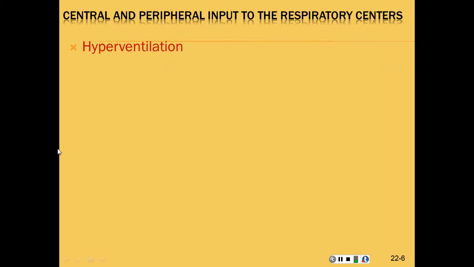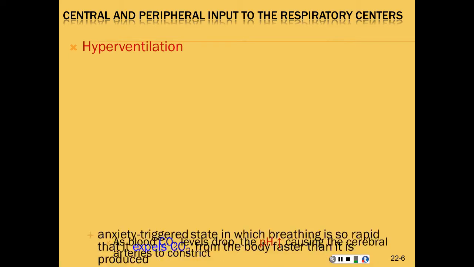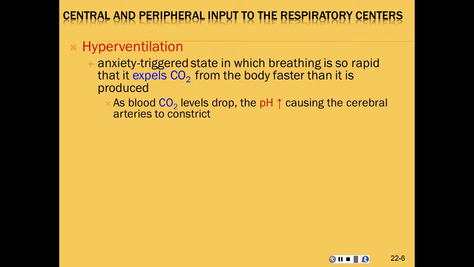Alright, so let's look at hyperventilation. What's hyperventilation? Extreme anxiety is one example that can produce hyperventilation, that can lead to dizziness or fainting as CO2 is expelled too quickly, causing a rise in our pH.